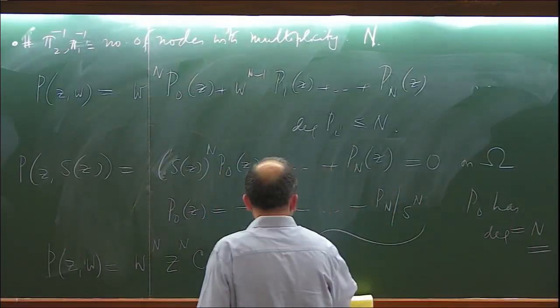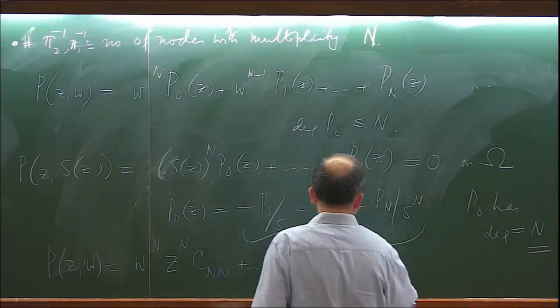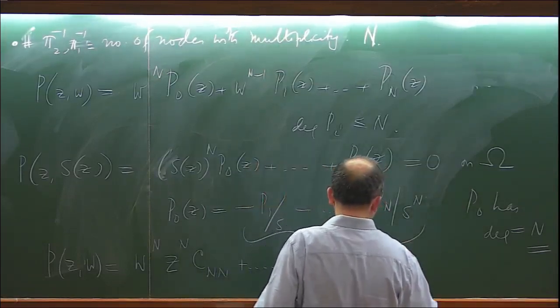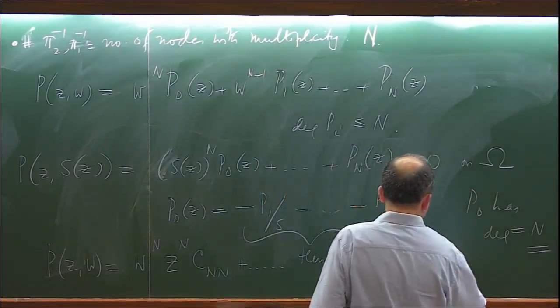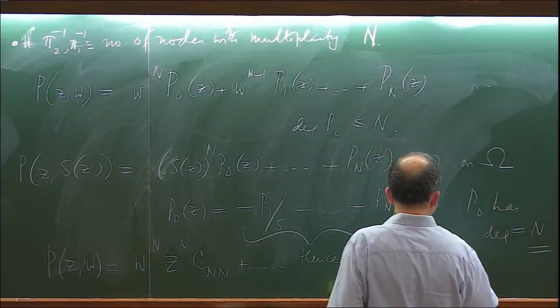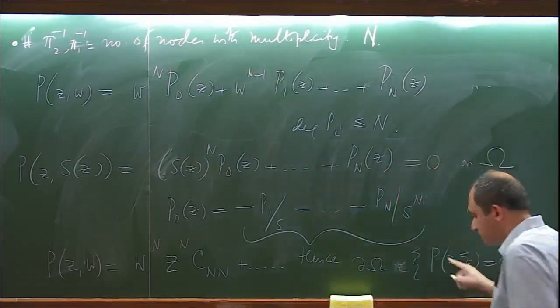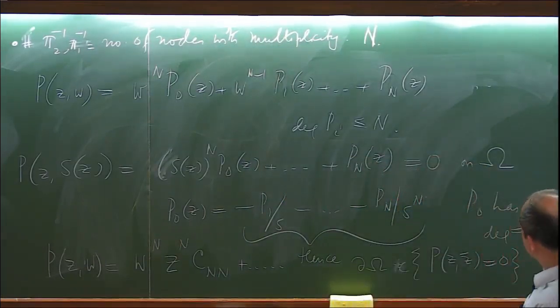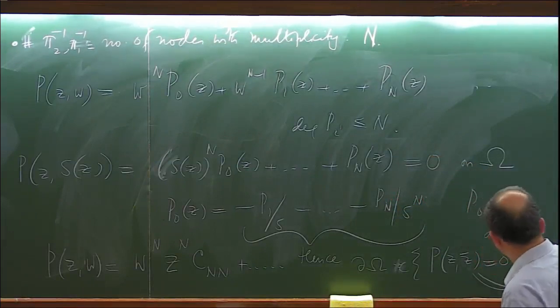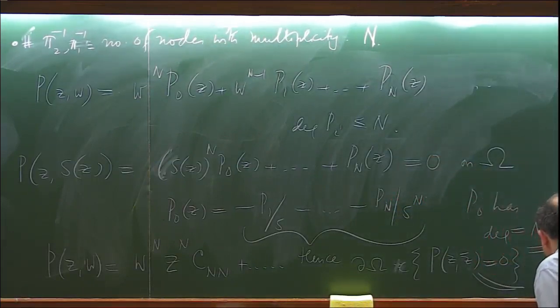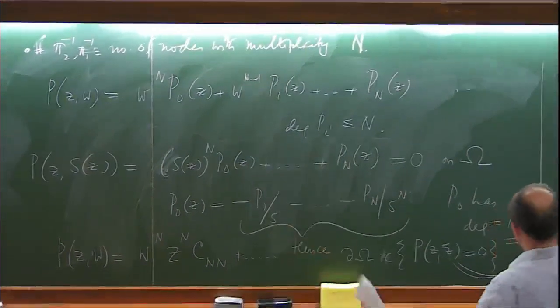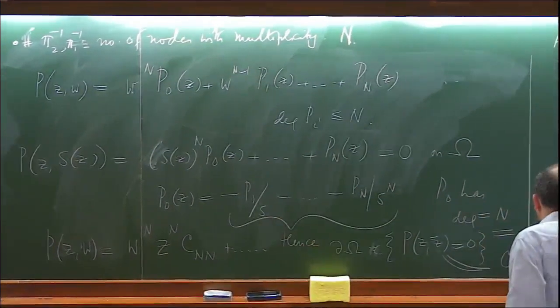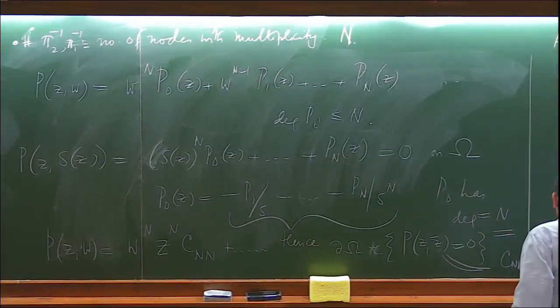And therefore, the boundary of the domain, your quadrature domain, is contained inside P of Z, Z bar equal to 0, because Z bar is equal to S of Z on the boundary. And this looks like C_N Z to the N, Z bar to the N. This is x squared plus y squared to the capital N plus lower order terms.